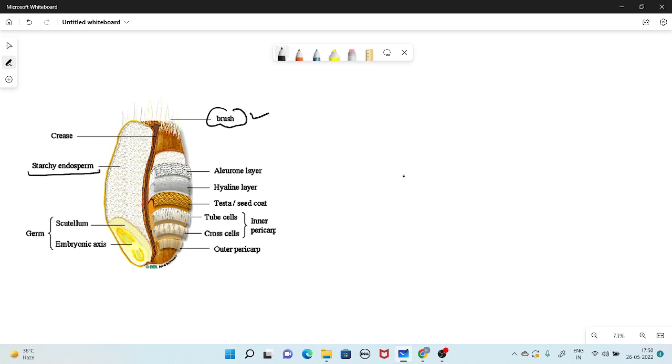Starchy endosperm, which is present in the inner core of the seed, aleurone layer, hyaline layer, seed coat, and then inner pericarp, which is called tube cells and cross cells, and outer pericarp, right? And then we have the germ, which consists of scutellum and embryonic axis. So these are the parts of the wheat seed, right?